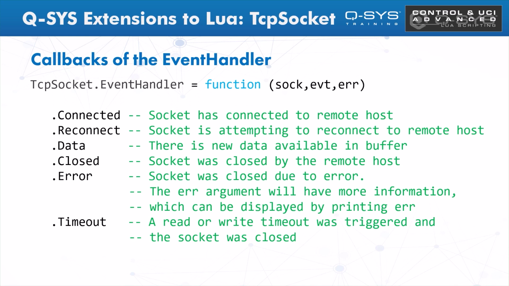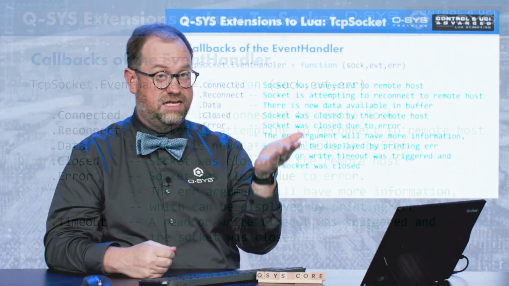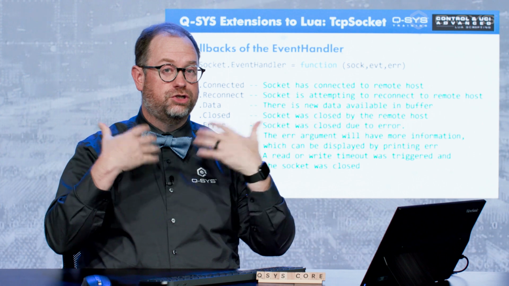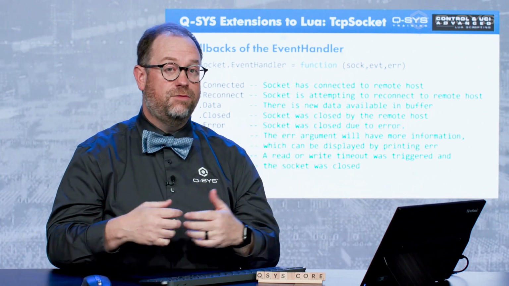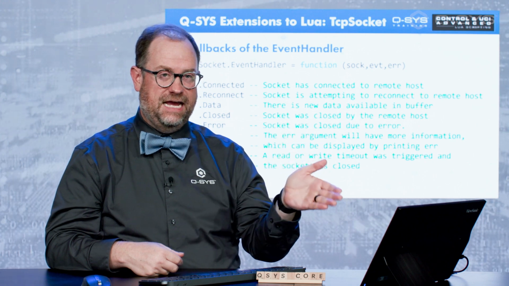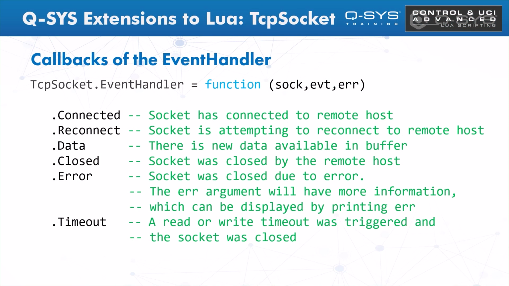So in the previous video, we actually talked about the TCP socket library. And we talked about the fact that a TCP socket library has several methods, right? Things it can do. It has several properties, things that are true about it. And we said that there also is the event handler, which is all of the things that can happen to a TCP socket.